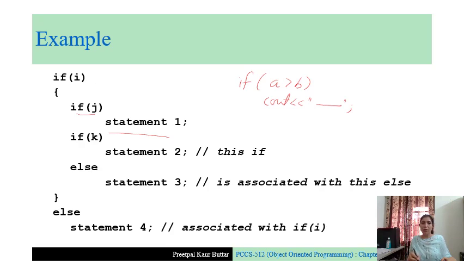So you can skip the else part. The else part is not compulsory. The else part is written only to specify what should be done if the condition is false. So this is an if without an else, and for this else, the nearest if within the same block is this. So these two are associated. Similarly, this else is associated with this if.